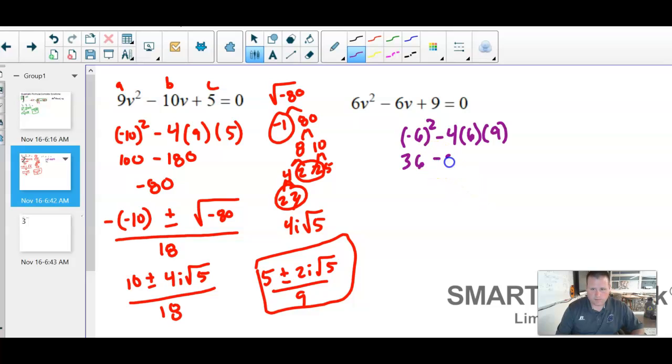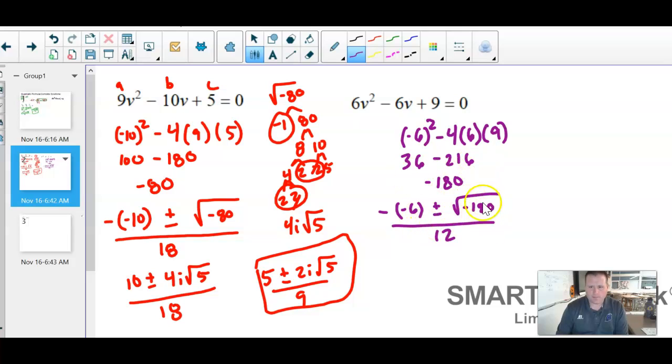This one I get 216, which is going to give me -180. Then in my formula here, I'm going to plug in -6 here, -180 here, and then 2a, that would be 12 here.